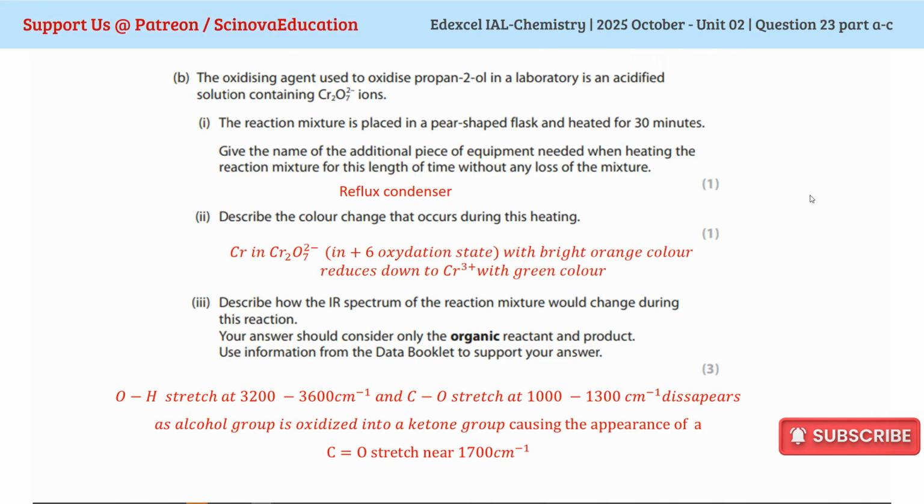In the propanone IR spectrum, you can see an additional C=O stretch which lies near 1700. Carbon hydrogen stretches almost do not change.